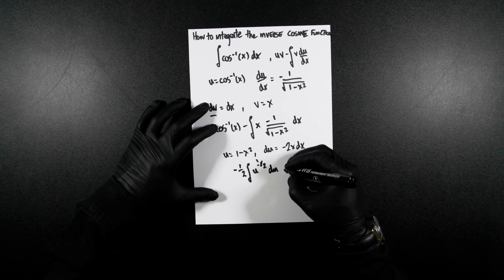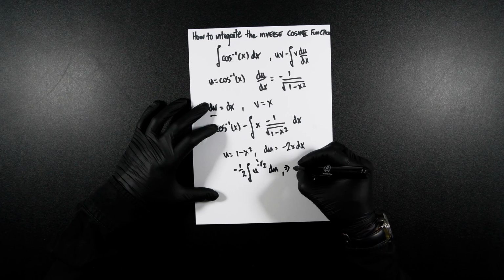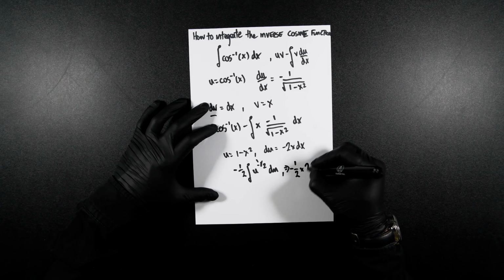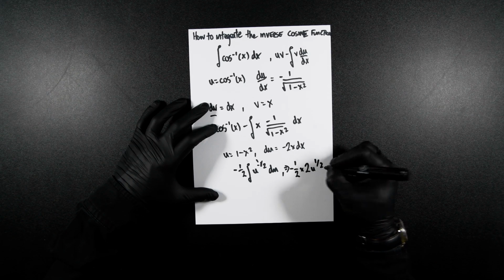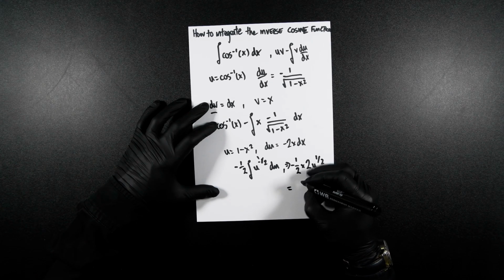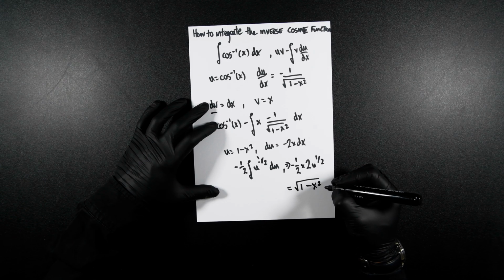So you're then going to have minus a half multiplied by 2u to the half, which is obviously going to mean that these cancel out, and you're going to get the square root of 1 minus x squared.